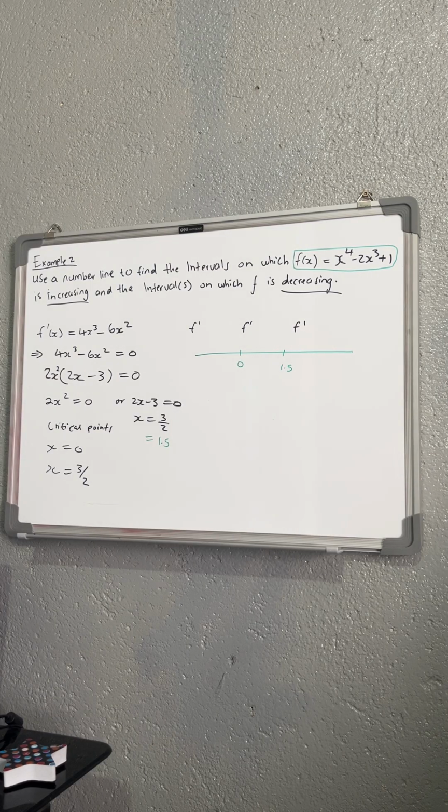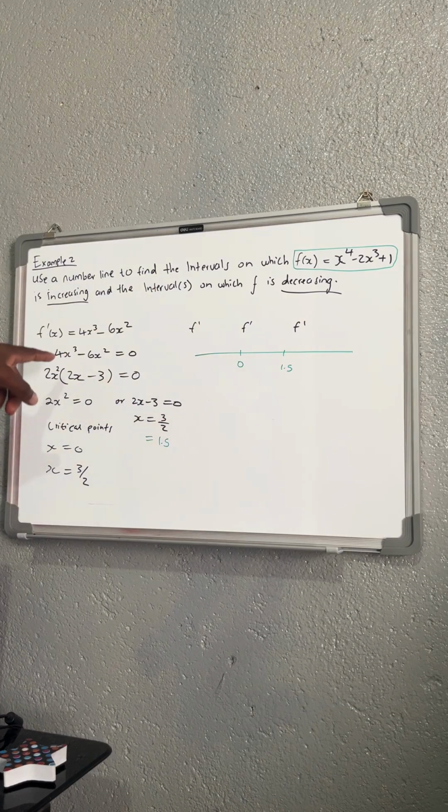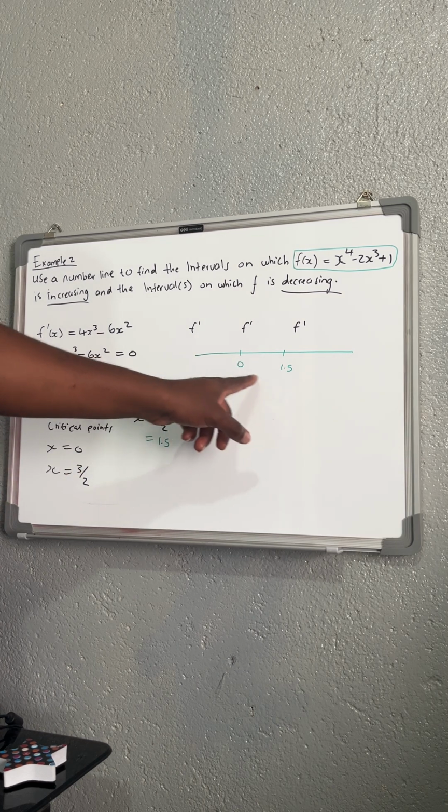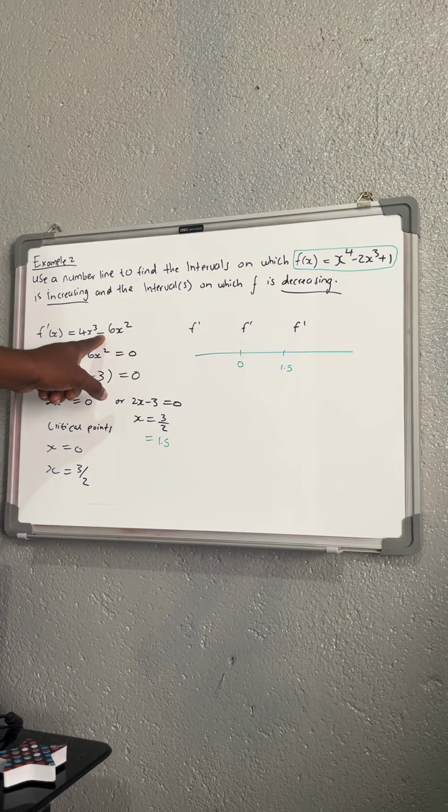So basically now, what are you doing? You are going to choose any number in this region. It could be a negative number like -3, between -3 and 0, that you can input into this function. We are going to check the sign, whether it's a positive or a negative number, and also do the same thing between 0 and 1.5. We choose a number in between, then we input it into the derivative.